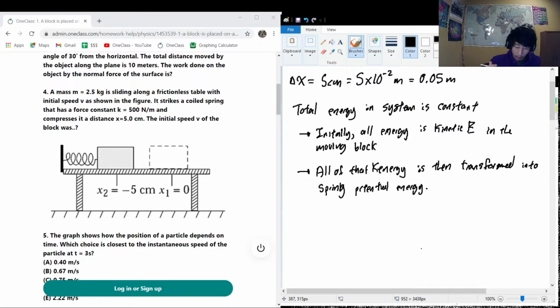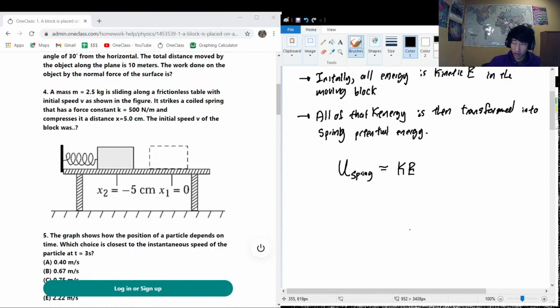So pretty much what we want to have is U spring, U meaning potential energy, that's the way I remember it, is going to be equal to the max kinetic energy of the whole thing. We can write out these equations: the potential energy of a spring is 1/2 k delta x squared, and this is equal to its kinetic energy initially, which is 1/2 mv squared. We're trying to isolate v for velocity.